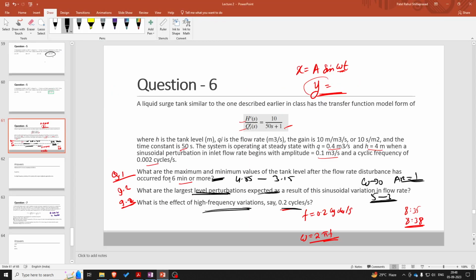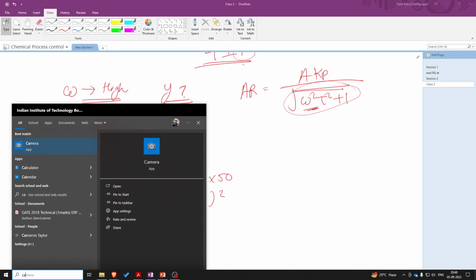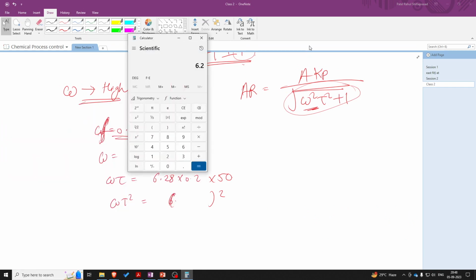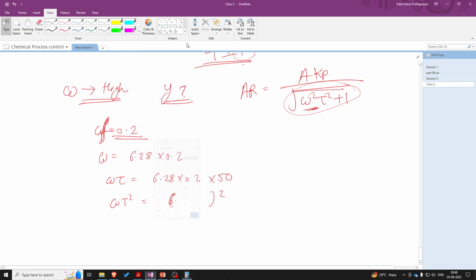So let's just find this value. 6.28 into 0.2 into 50, that is 62.8. Then the square of this will become around 3943.